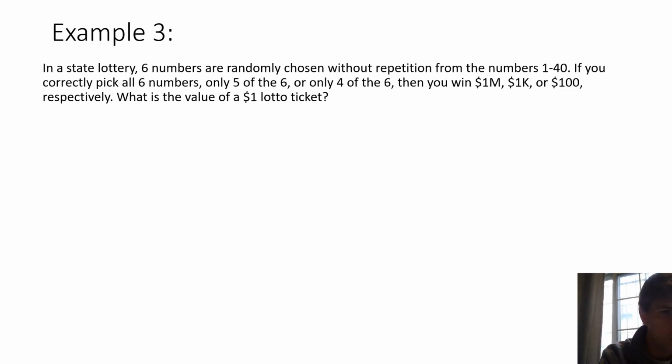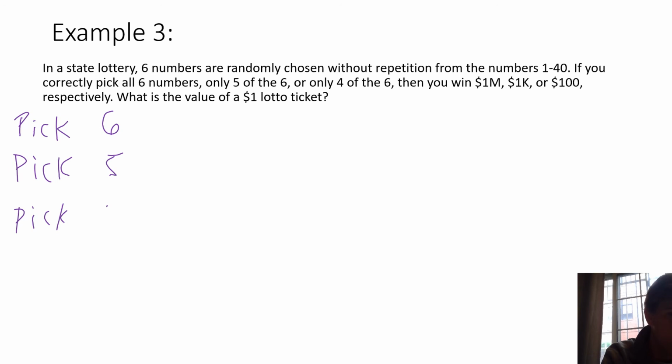So, thinking of the table, if you pick all 6 correct, you pick only 5, or you pick only 4. And obviously there's a lot of other scenarios here. You can pick 3, you could pick 2, you could pick 1, you could pick 0.